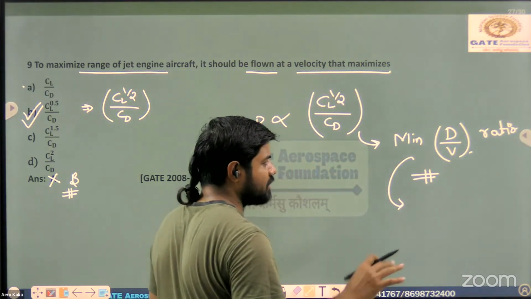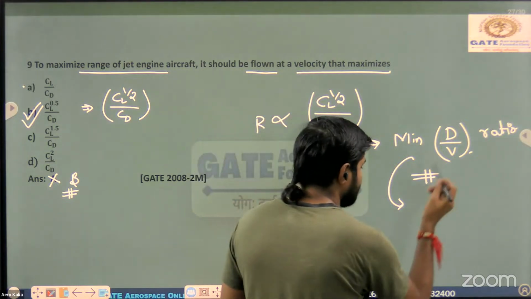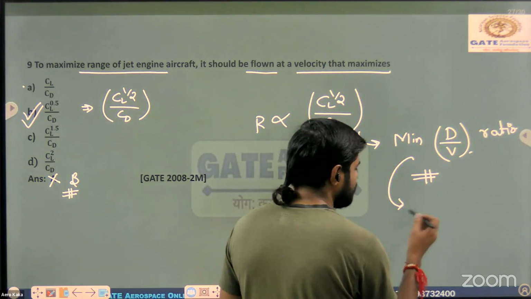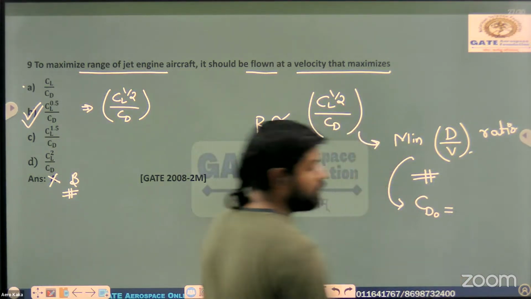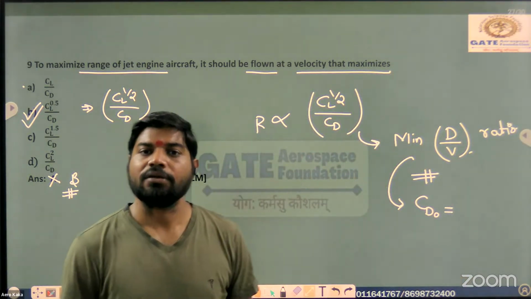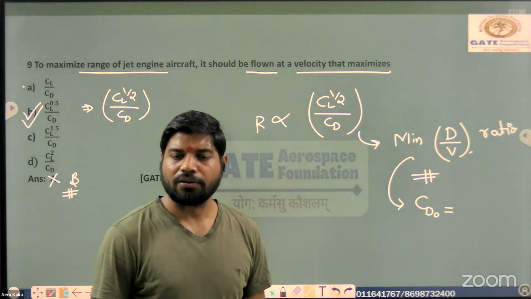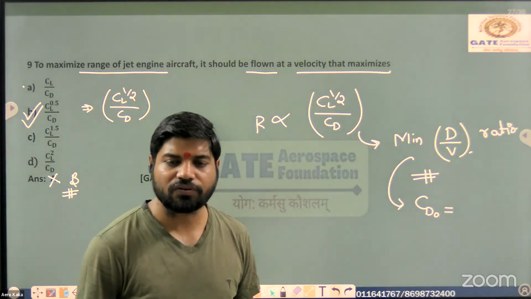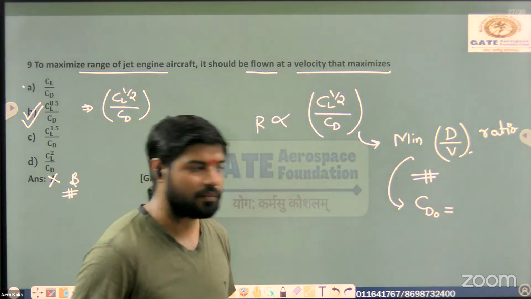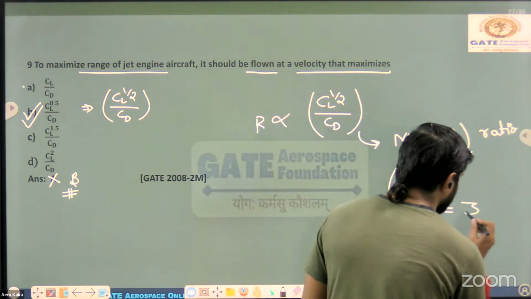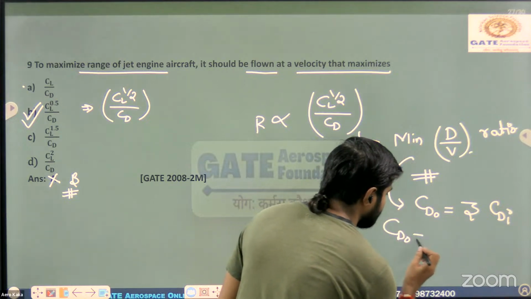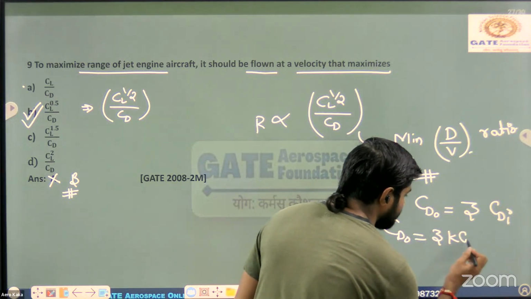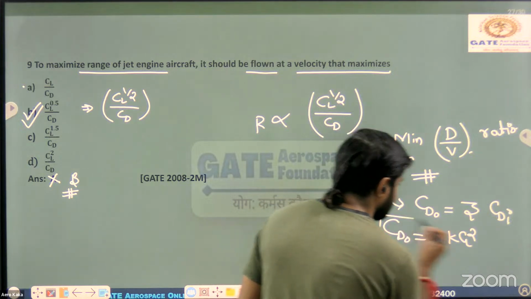If we want to calculate the range, at what speed and under what condition should the aircraft fly? What's the condition? CD naught equal to CDI, 1/3 of CDI, or 3 times of CDI? Which one? 3 times of CDI, which is nothing but CD naught equal to 3 times of K CL square. Please take care of this one. That's it.